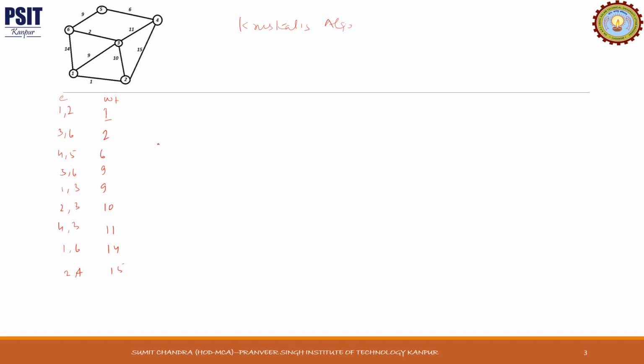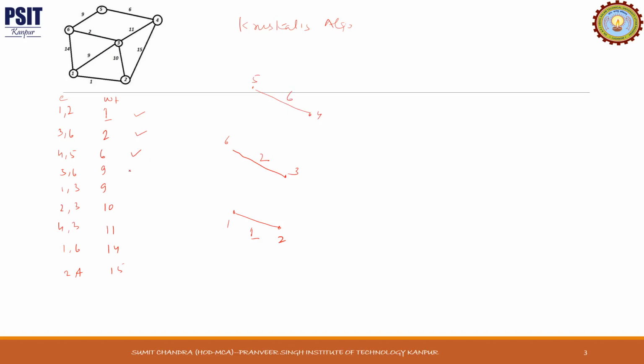So now one by one we will start adding the edges. First we are adding 1 2. Second edge we will add, and we'll see if it does not create a cycle. So 3 6 we will add, and obviously it is not creating a cycle, weight 2. Then we'll add 4 5, not creating a cycle.